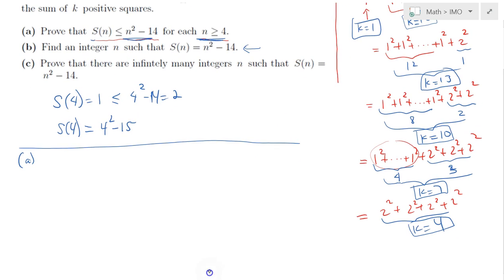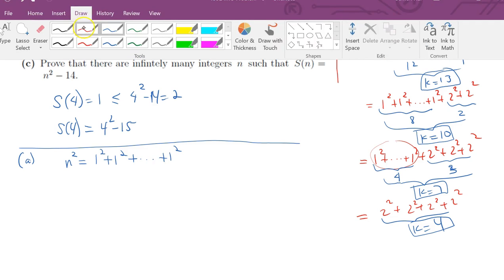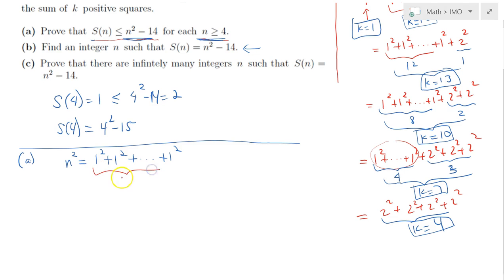So let's generalize this thing. We have an n squared, and the worst thing we can do, the least efficient way, would be to write 1 square n squared times. So we have n squared of these, so k here is equal to n squared.